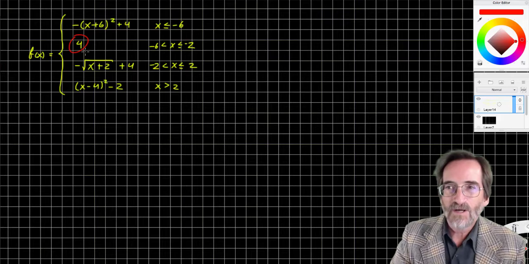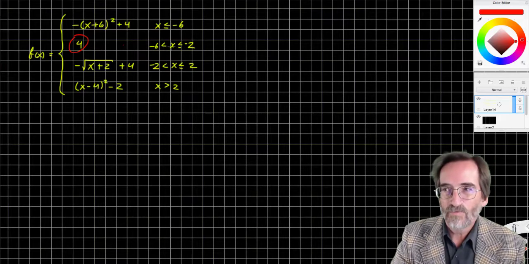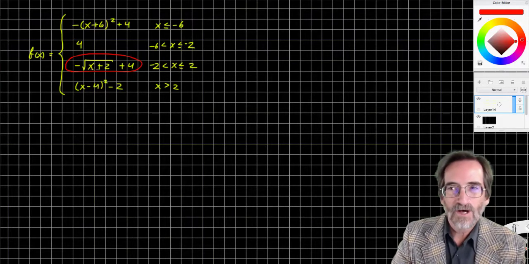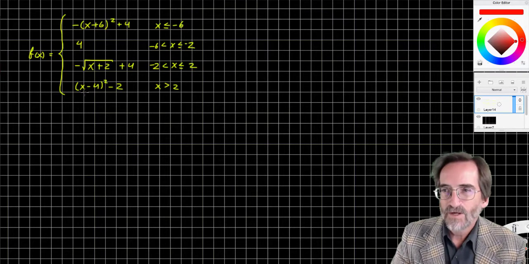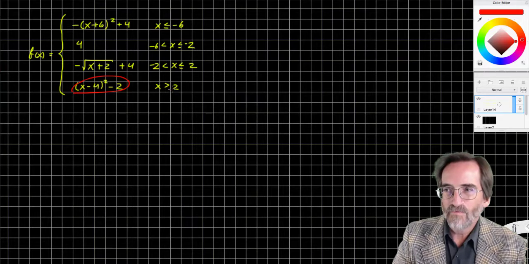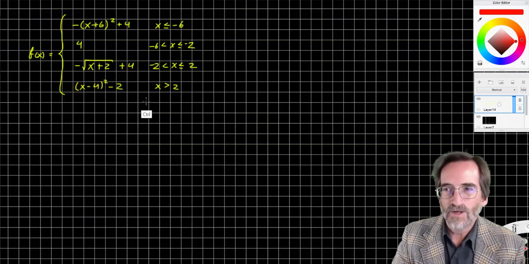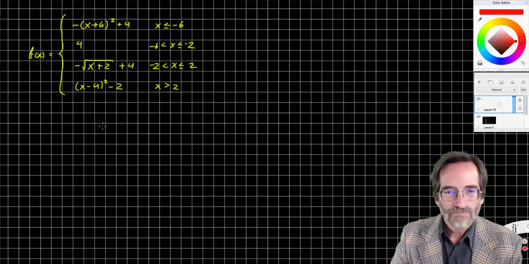This next part is a horizontal line, y equals 4, and it's going to go from -6 to -2 on the x-axis. Then we have a parabola lying on its side, the bottom half of a parabola, the square root function, centered at -2, 4, and going from -2 to +2. And we have a parabola again, opening upward, centered at 4, -2, but only for x greater than 2. Okay. All right.